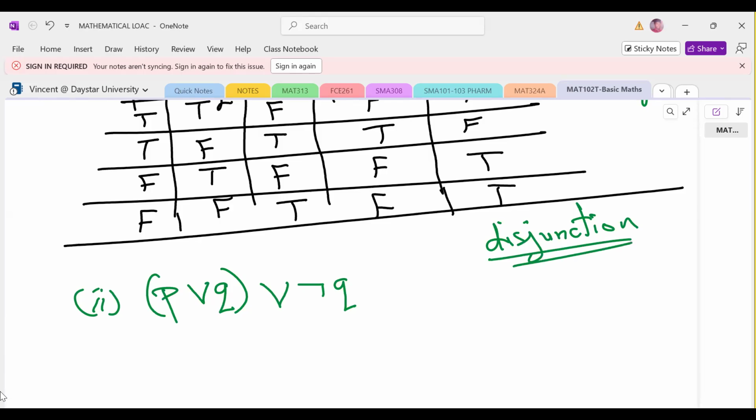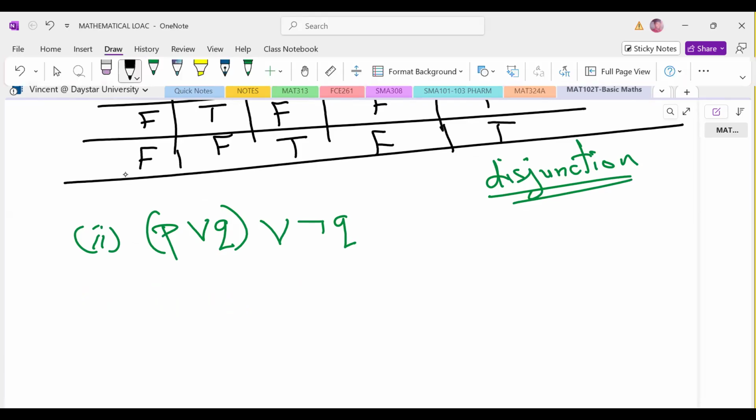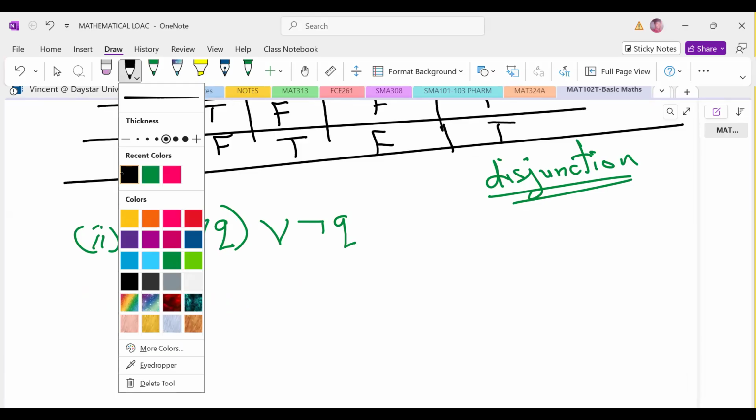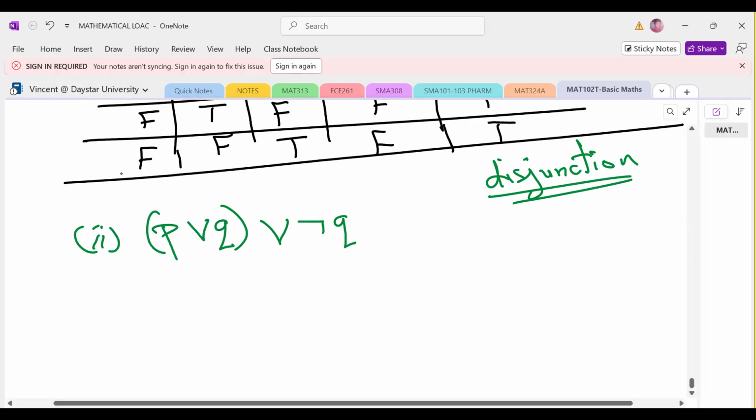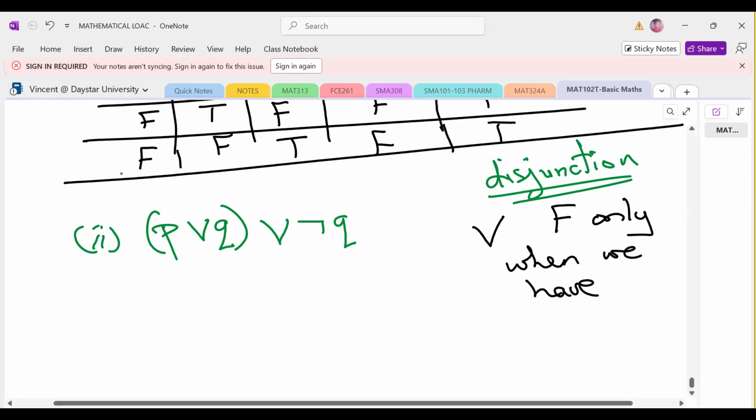When do you get an F? Remember, so this one here, note that this disjunction sign gives F only when we have F and F. Otherwise, you get true.